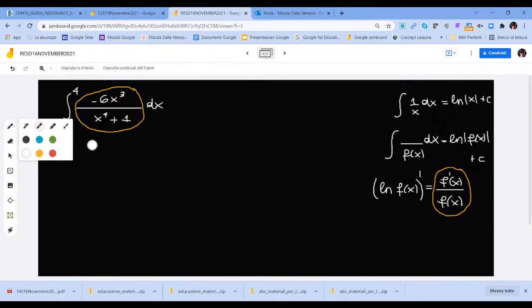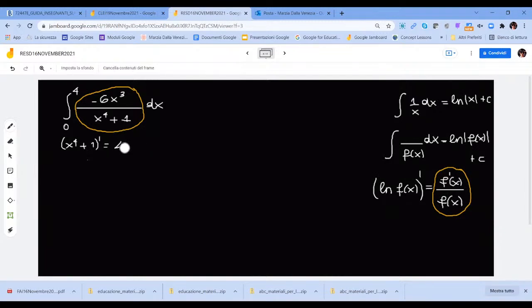And this is why we have to compute the derivative of the denominator, because it is the function of the denominator, and try to put something in and out as a multiplicative factor that gives us the multiplication by 1, in order to find out if it is the case.